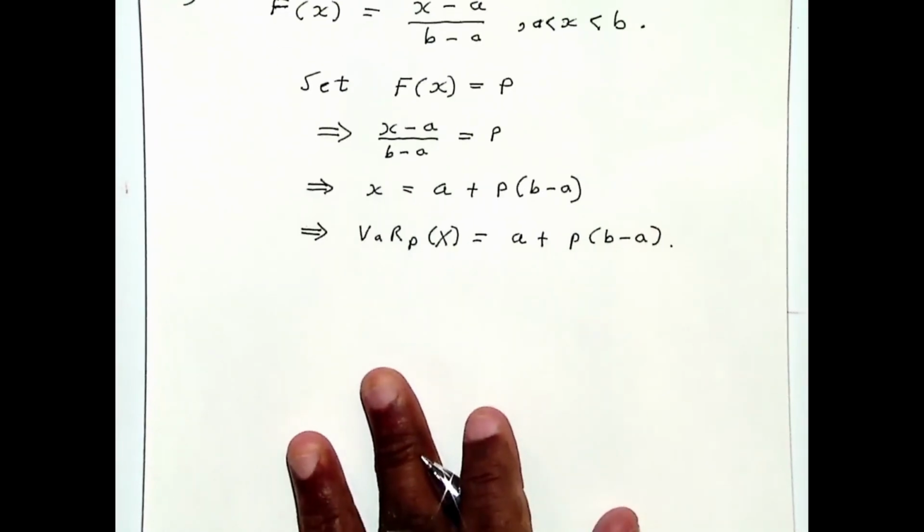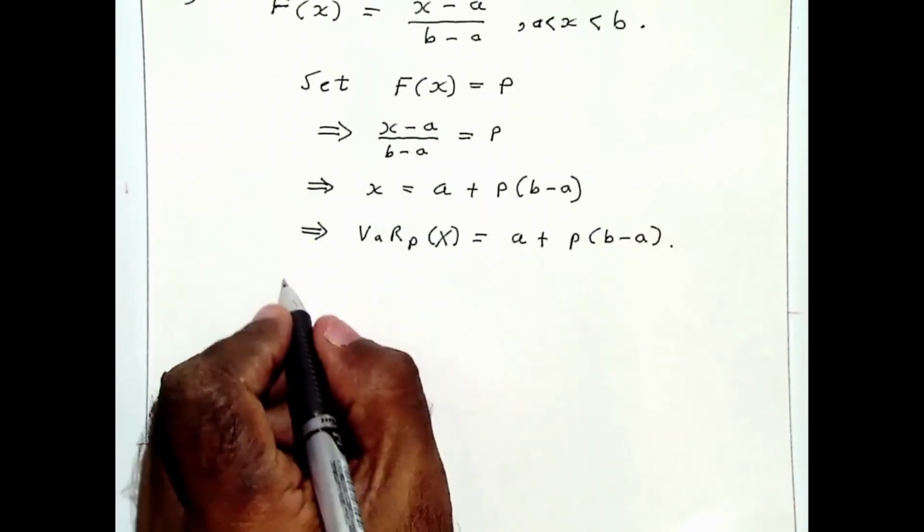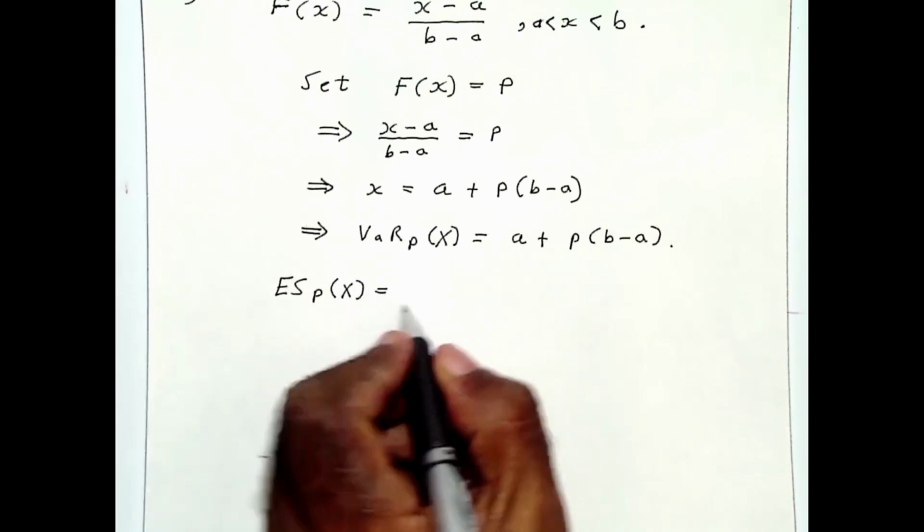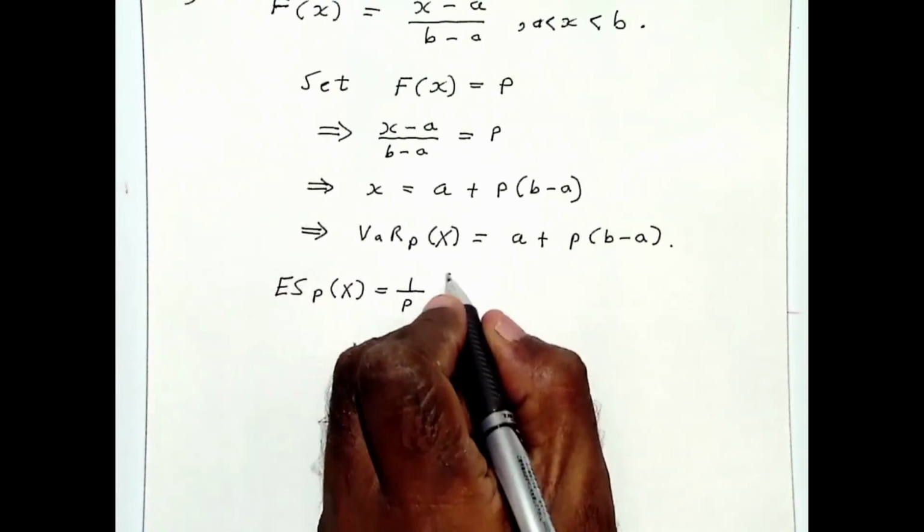Now to find the expected shortfall, you use the familiar formula, which is this.